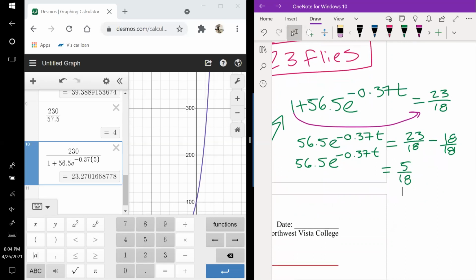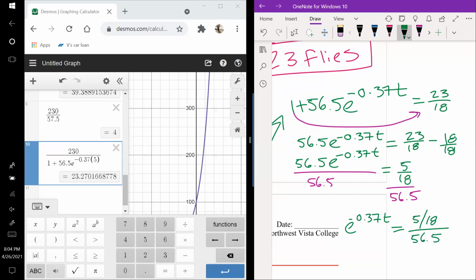Then we divide by 56.5, and we get e to the negative 0.37t equal to 5 over 18 over 56.5.